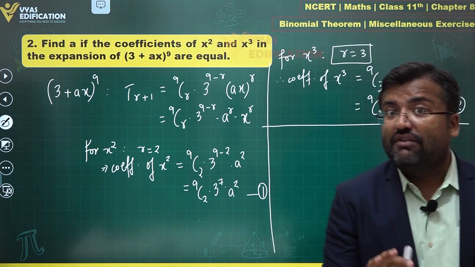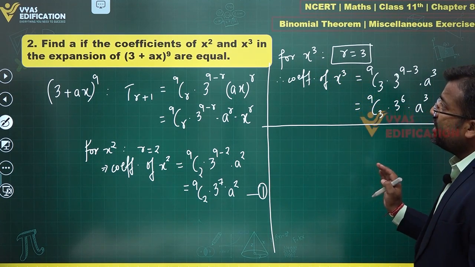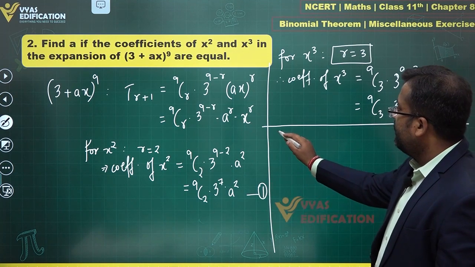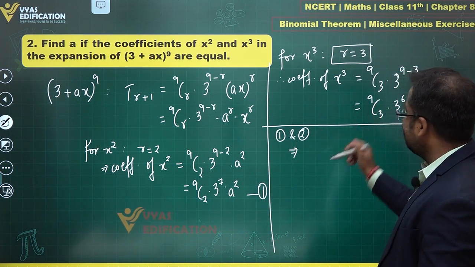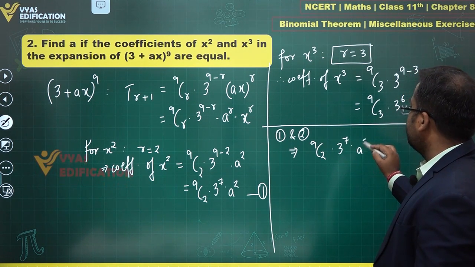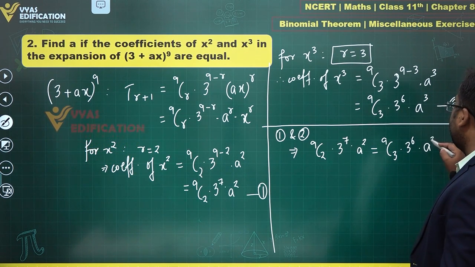And you are given that coefficient of x power 2 and coefficient of x power 3 are equal. Therefore, from 1 and 2, this and this are equal. 9C2 times 3 power 7 times a square is equal to 9C3 times 3 power 6 times a power 3.